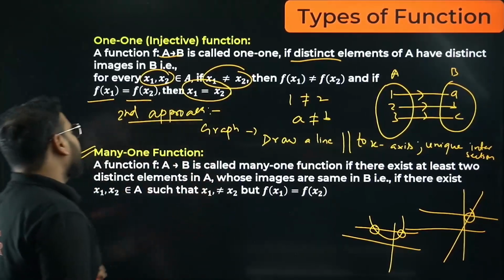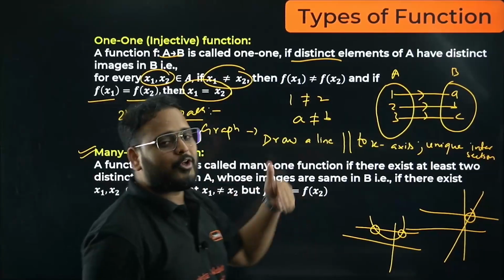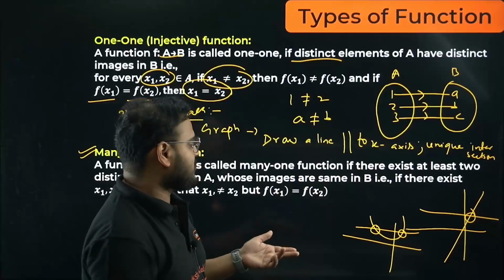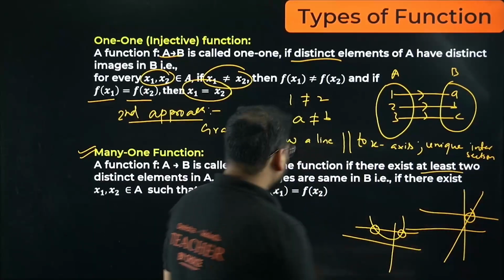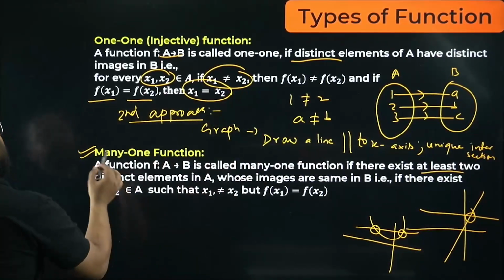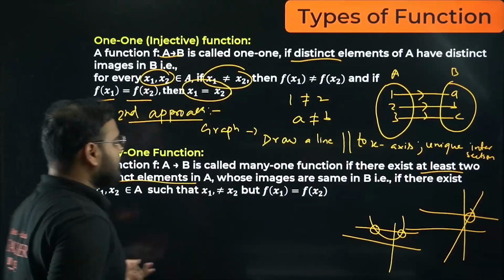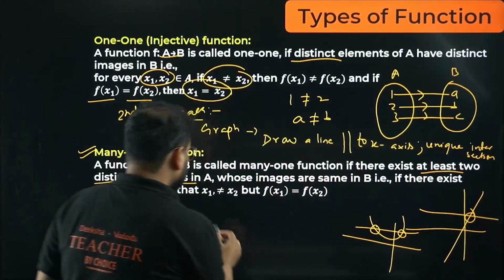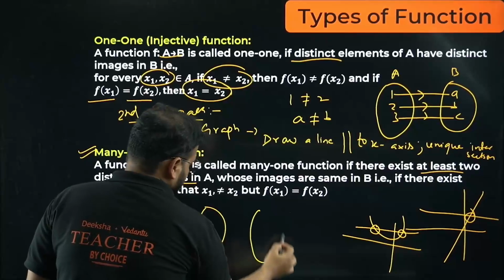So just the opposite, whenever you won't have unique relations. There exist at least two, and more than two is also okay, distinct elements in A whose images are the same in B. What is the meaning of this? Check this out.